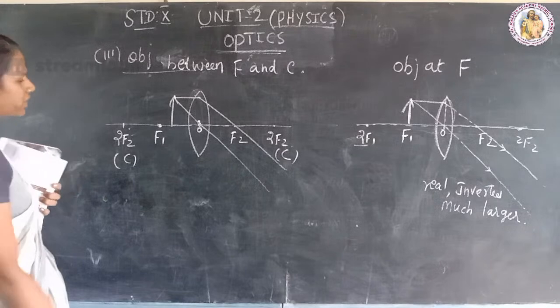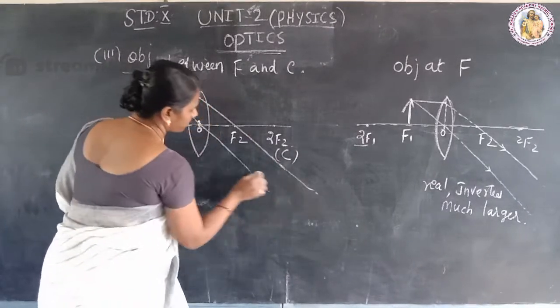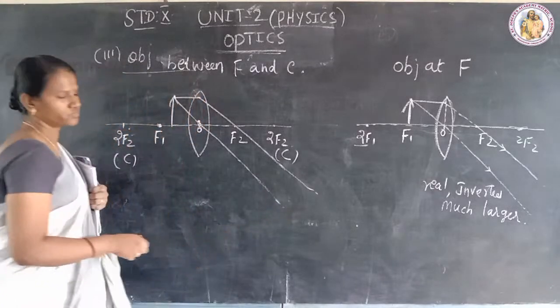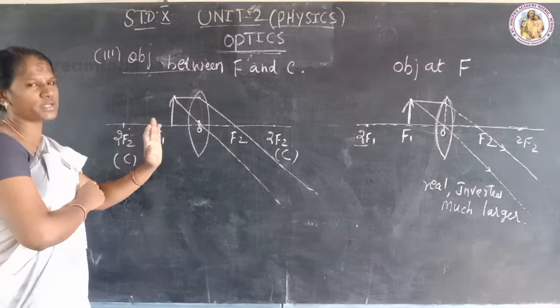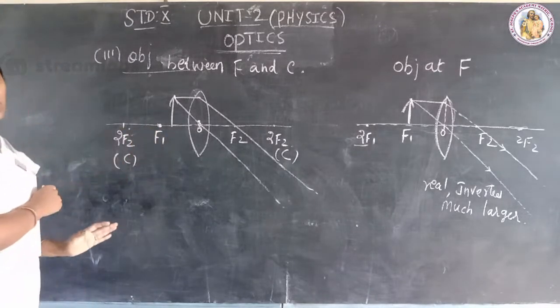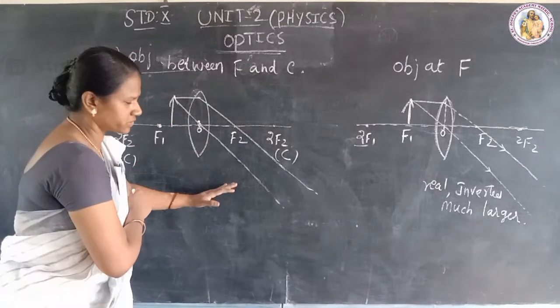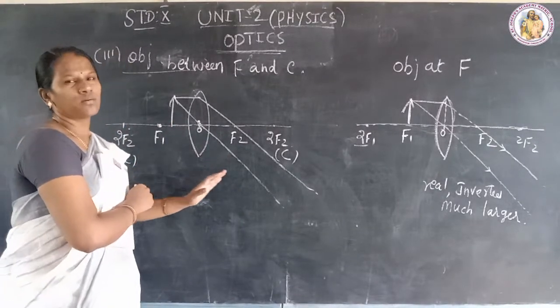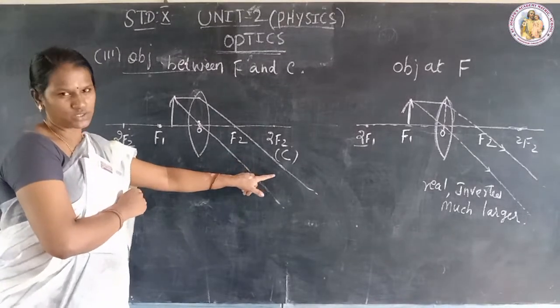These two rays will not meet each other. They diverge. So when we keep the object very close to the optical center, the rays from the object, after refraction, will not intersect with each other.